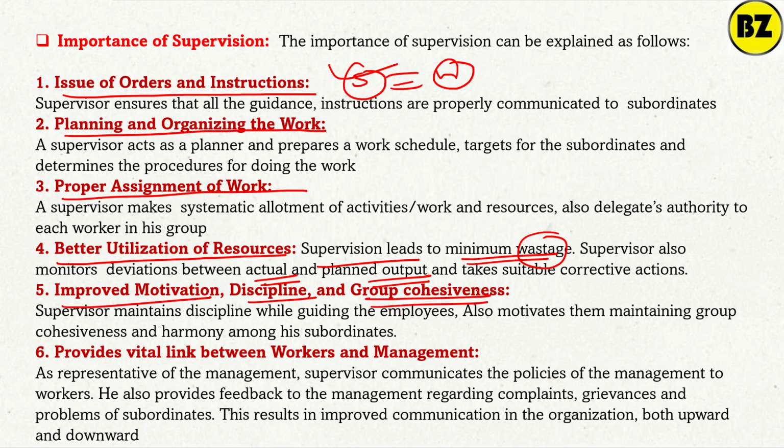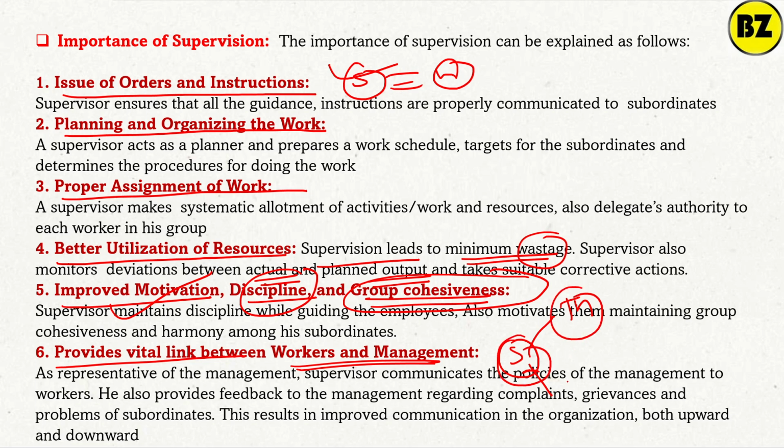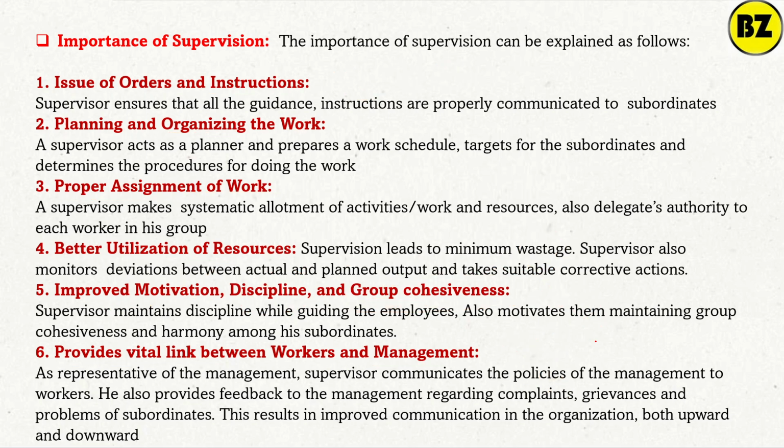If there is a supervisor, people will get motivated, be disciplined, and have group cohesiveness, which means team building. Then it provides a vital link between the worker and the management. The supervisor has to communicate the workers' problems to the management, and implement whatever policy and targets come from the management to the workers. So he acts as a link between the worker and the management.